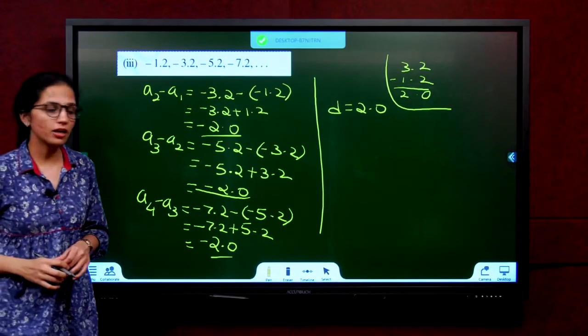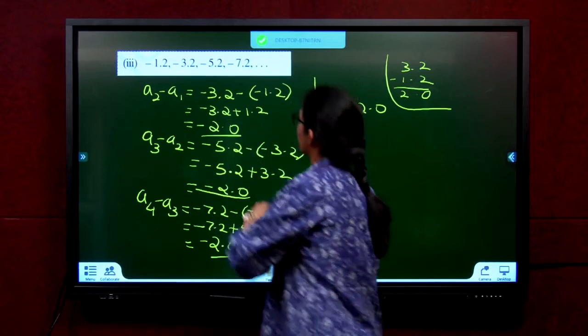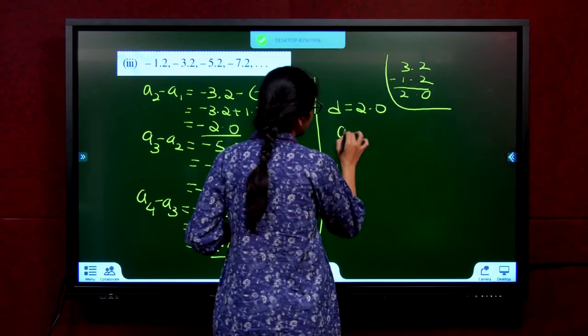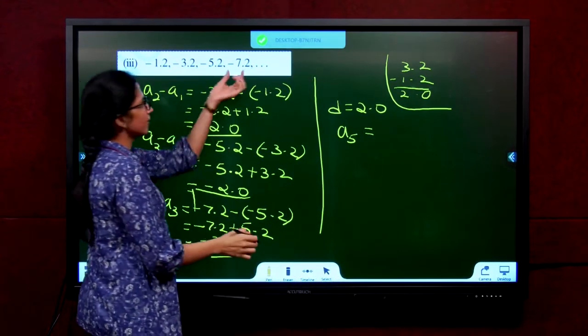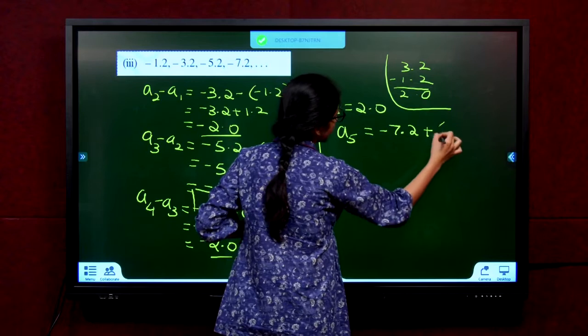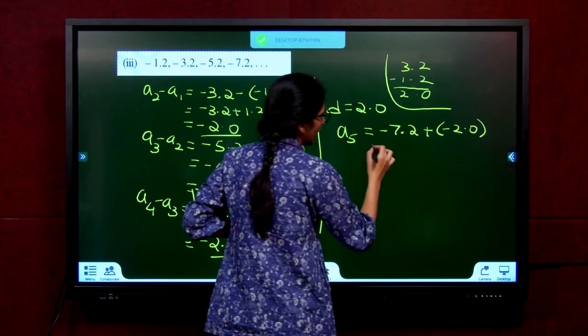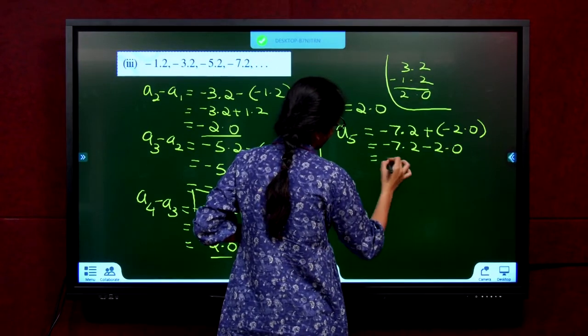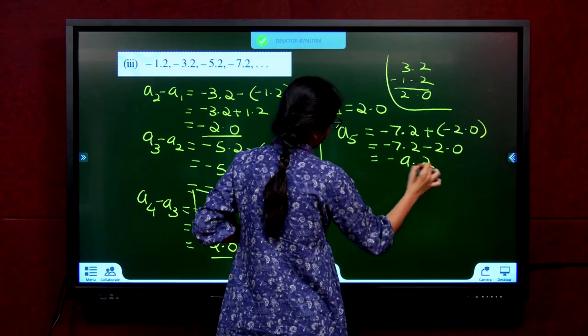Find the next few terms. So you have up to A4 here. We are going to go for A5 now. What is A5? A4 is minus 7.2. To that you add minus 2.0. How much? Minus 7.2 minus 2.0, minus 9.2.